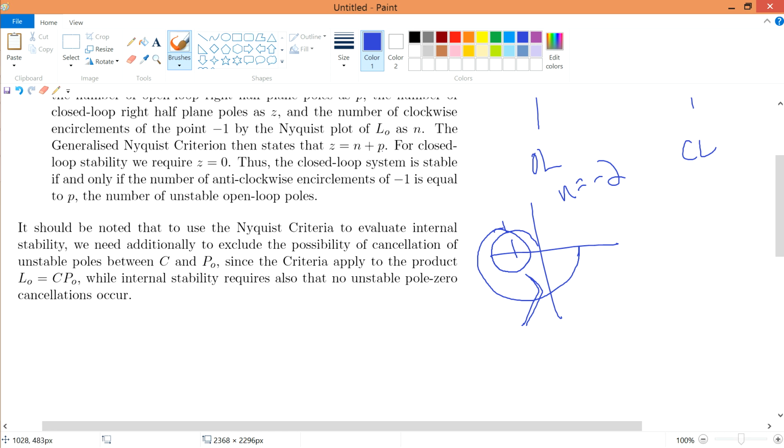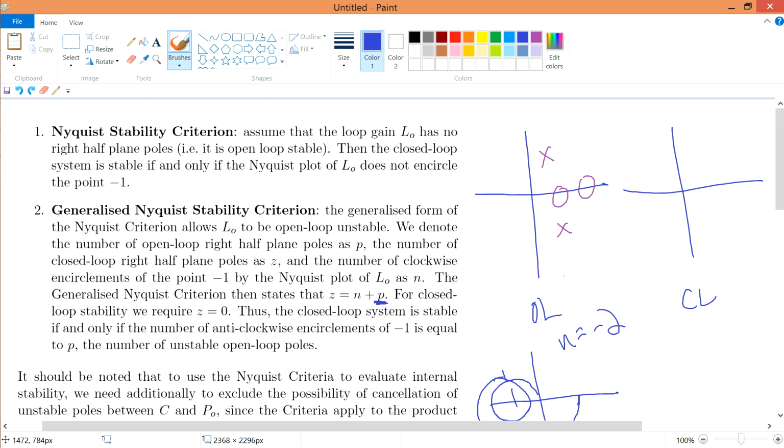The next thing after that, you need to know your number of poles. The number of poles comes from your transfer function G(s), for example Y(s) over U(s). You need to take the poles and calculate the number of poles within the closed loop.